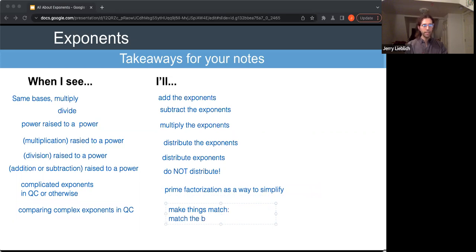Either match the bases or match the exponents. So we've got to know the rules, and we need to know how we can use these rules on the exam. We could call these rules and strategies.